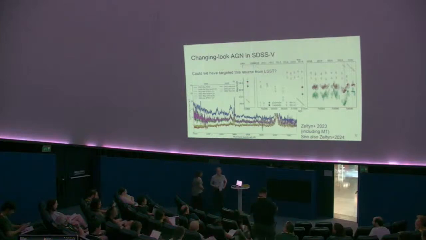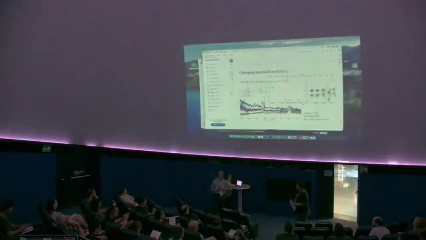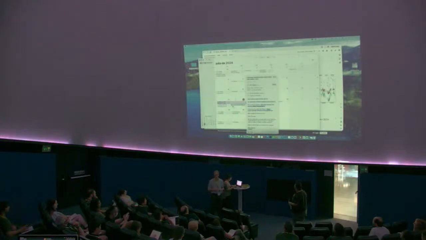I don't know if Claudio's going to talk more about this later. Claudio's the expert. But sometimes yes, but not always. It depends on whether it is obscuration or a change in the distribution. That's where having the multi-wavelength follow-up can really help you probe the physics of what's going on.